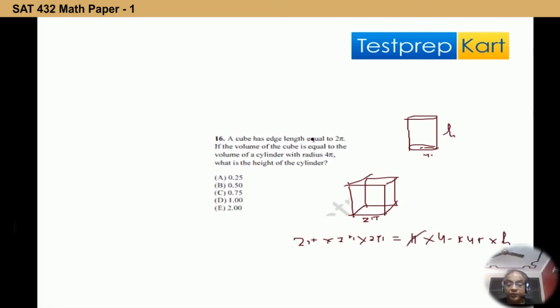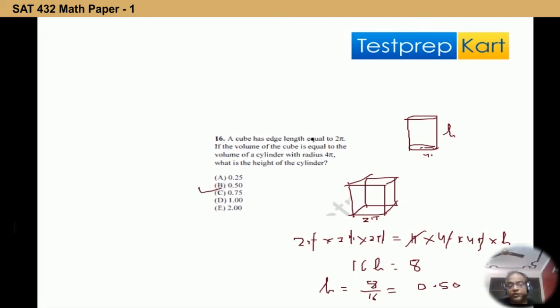So pi cube you can cancel with pi cube, and my equation is 16h is equal to 8, and therefore h will be equal to 8 by 16, and that gives me 1 by 2, which is 0.50. So option B is correct.